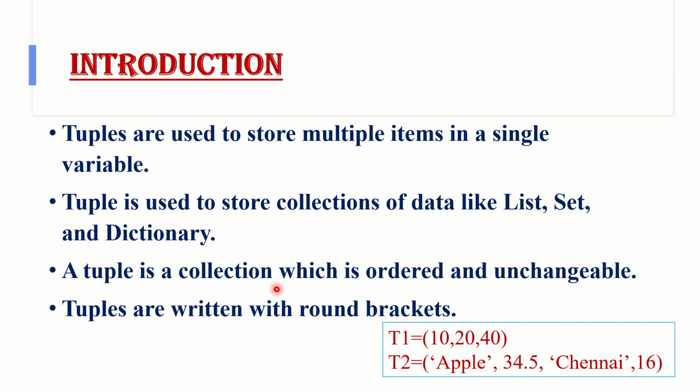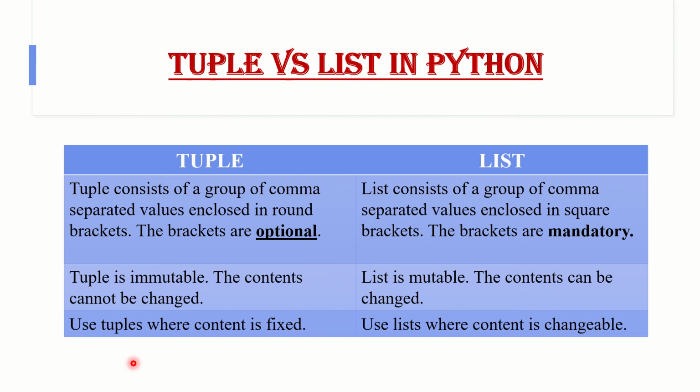Just like a list, the elements in a tuple are ordered. However, the elements in a tuple are immutable. They cannot be changed. Now, one of the most important questions in Viva is the difference between tuple and list. The common difference is that both of them have values which are separated by commas, but in a list we have the square brackets and in a tuple we have round brackets.